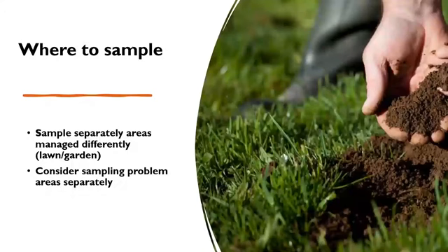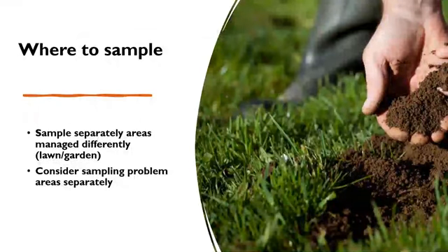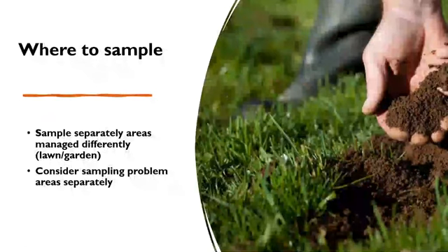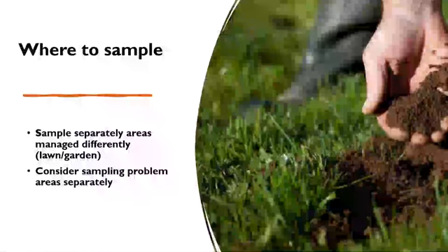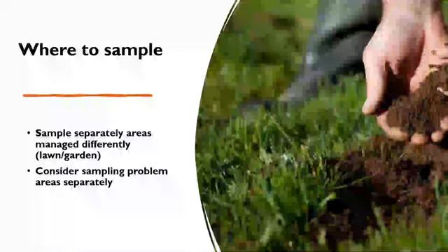Second, problem areas. If you have specific areas in your yard that aren't growing well, that have repeated dead spots, especially in lawn areas, you might want to make those a completely different soil sample. It may be that the soil is different in that area, or there is a different nutrient composition in that area.